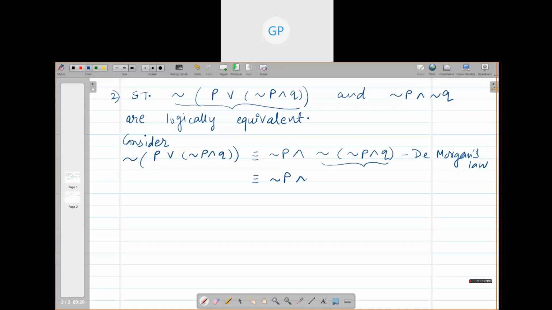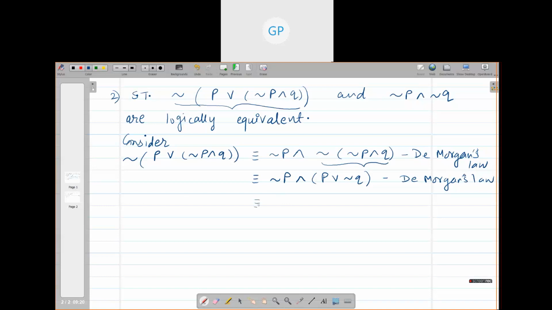It will be P or negation Q. Not the negation property; here also we are again applying De Morgan's laws. It is again De Morgan's law. It is about negation, but it is about the negation of a conjunction. De Morgan's law again. Are you all getting this? Yes. Now, next.